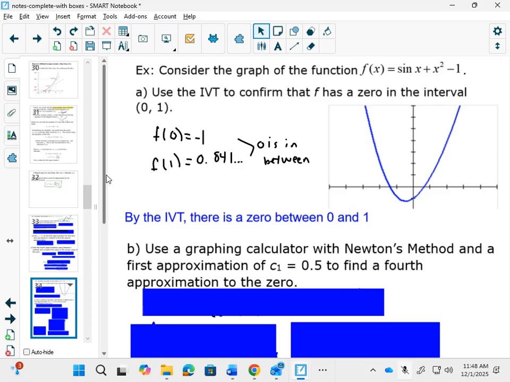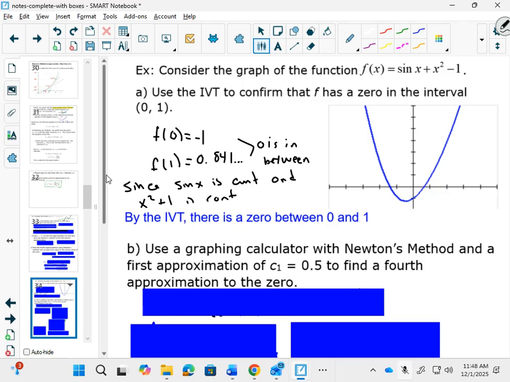And I would lose marks right here. Since sine of x is continuous, x squared minus 1 is continuous, adding them together will keep it continuous.